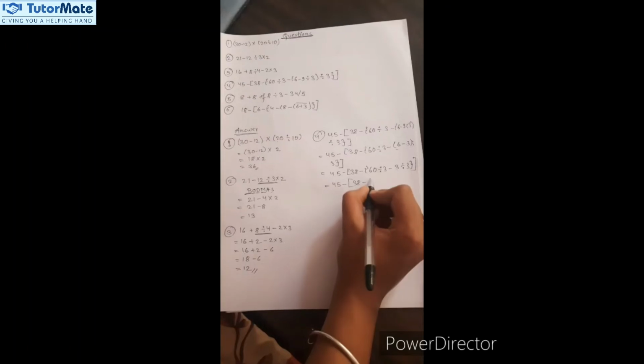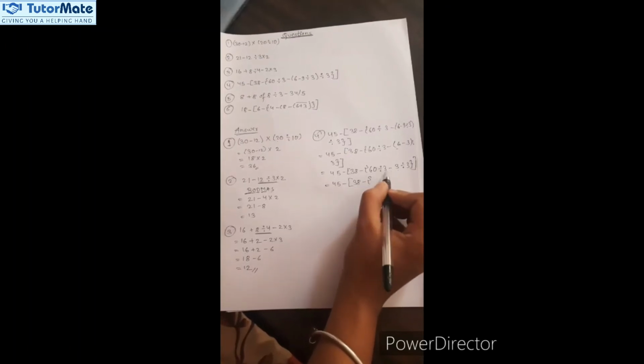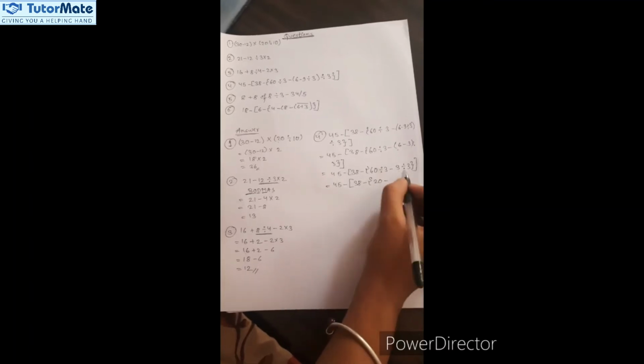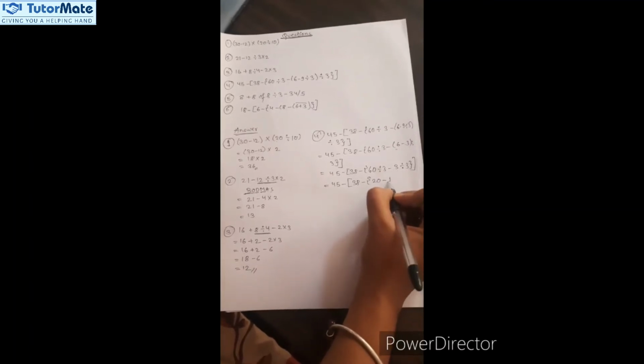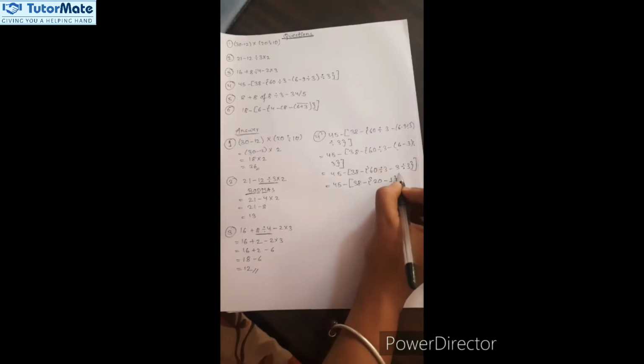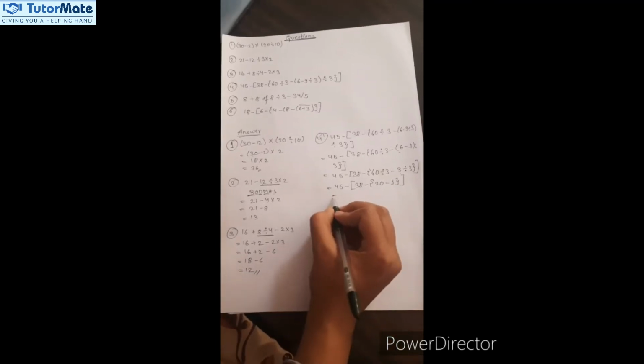First of all we should divide. 60 divided by 3, that means 20, minus 3 divided by 3, that means 1, bracket close, big bracket close.